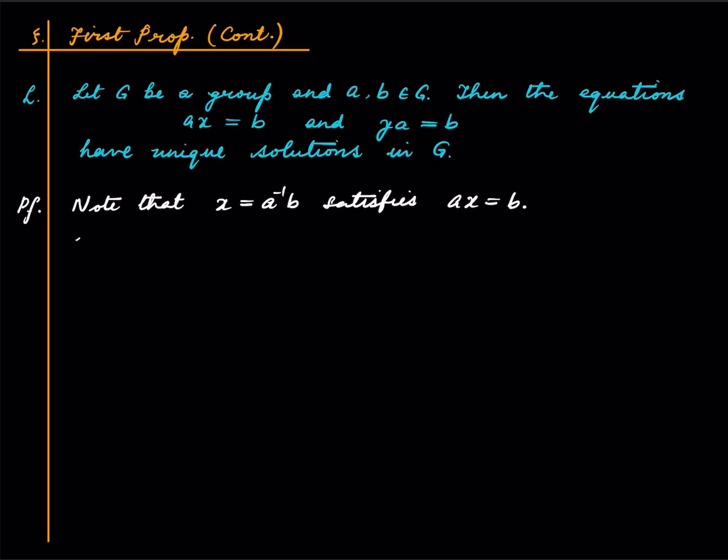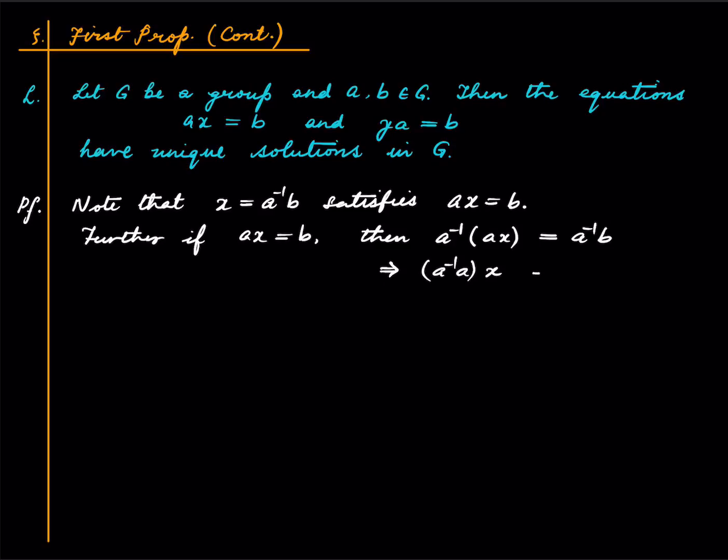Further, if ax equals b for some x, then we operate by a inverse on both sides, and by associativity we get (a inverse a) x equals a inverse b, which implies ex equals a inverse b, which implies x equals a inverse b.